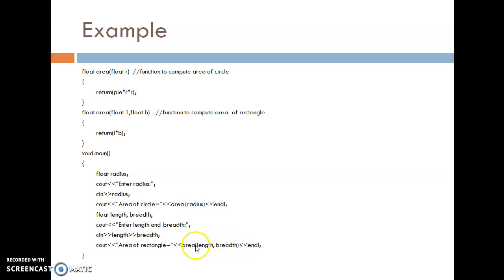So this area is called here, passed here, and this function returns L into B. Whatever the answer is, it is written here and displayed over here. So the name of the function is the same, but the number of arguments is different. This is called function overloading.